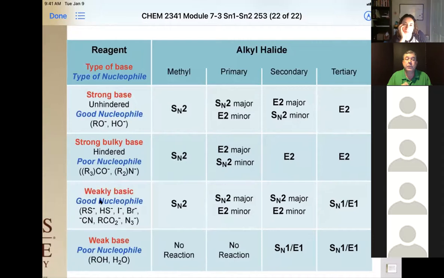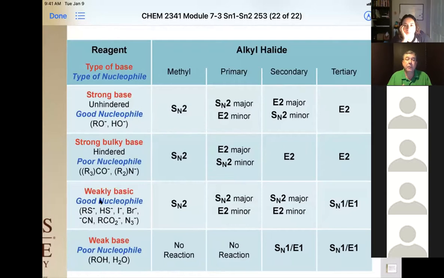Now, if we go to a strong, bulky base, the SN2 is now minor because it's so big, and our elimination product, our E2 product, becomes major. But notice when you have the strong bases or weak bases, you still get a little bit of that elimination, but the SN2 product is the major product for your primaries.